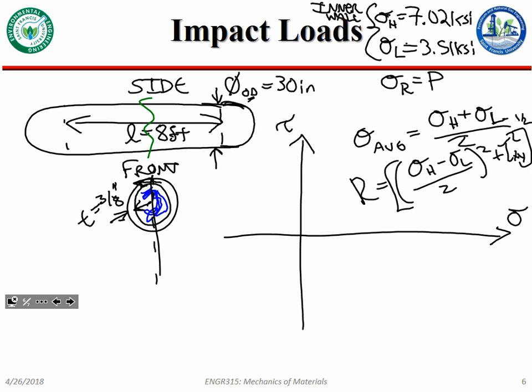But if you do all this math, you're going to get a principal stress where sigma h is. You're going to get a principal stress where sigma L is. And then we said if there's no shear stress, the last one is your third principal stress. Okay? That makes sense to everyone?